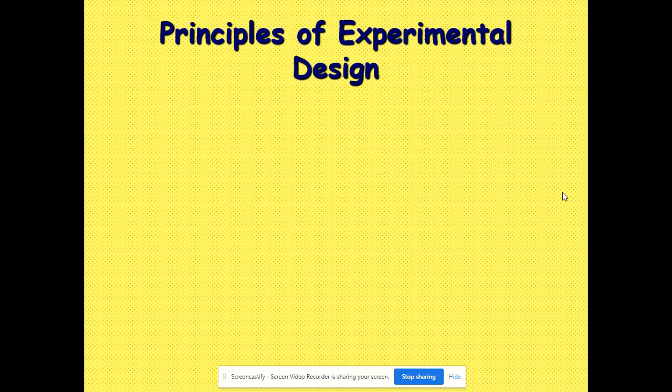So if I'm just testing a new diet, I would want to control how much they get to exercise. I would want to control how much sleep they got, stuff like that. If I had a new plant and I'm trying a new soil, I would want them to have the same exposure to sunlight, the same watering process, the same everything.